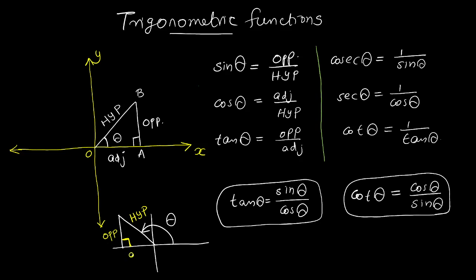This one is adjacent. So the ratios again exist: opposite by hypotenuse, adjacent by hypotenuse, etc. So my point is this, theta can be any angle. The ratio formula is the same: opposite by hypotenuse is sine, adjacent by hypotenuse is cos, etc.